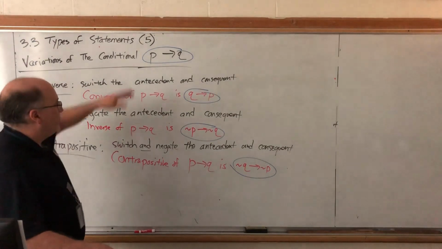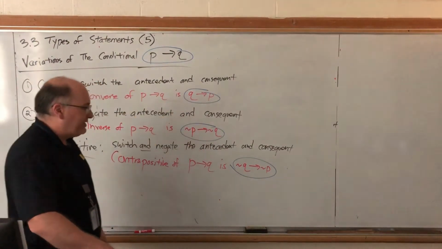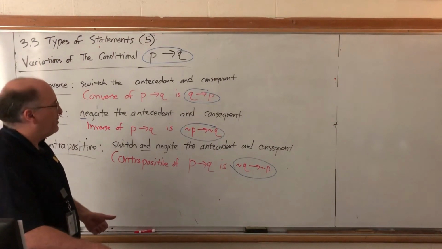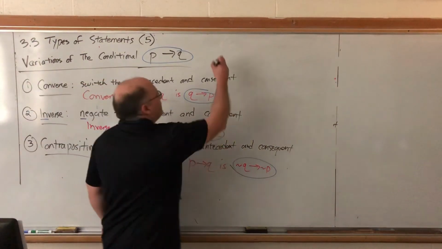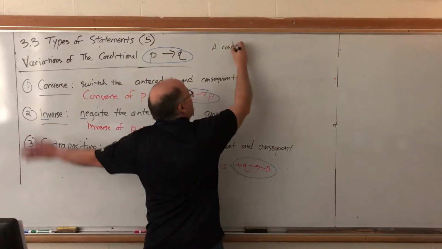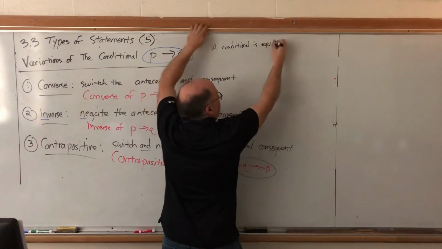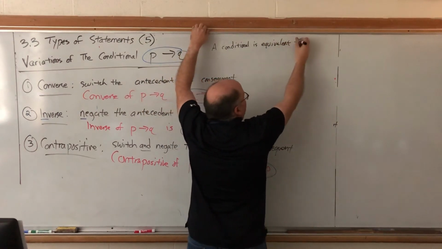Well, we could build a truth table for each one and see which ones have matching last columns, but I'll spare you the details. A conditional is equivalent to its contrapositive.